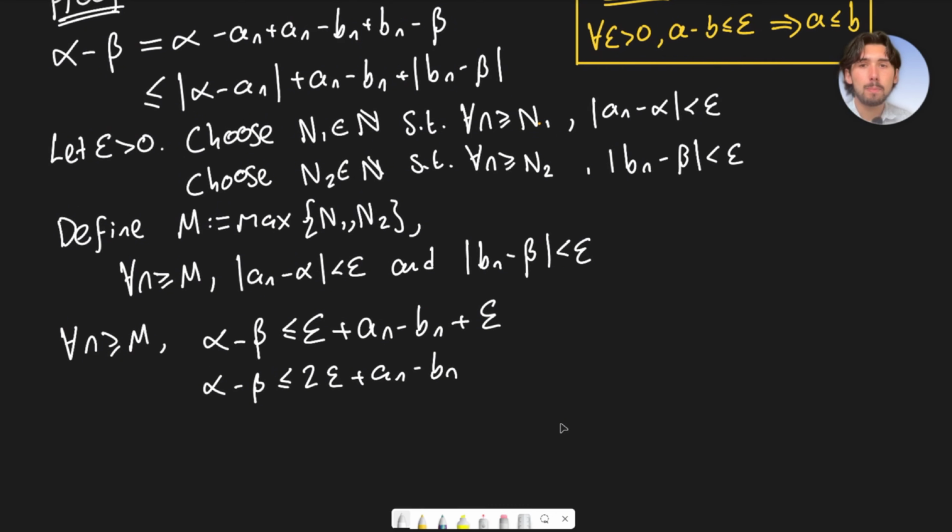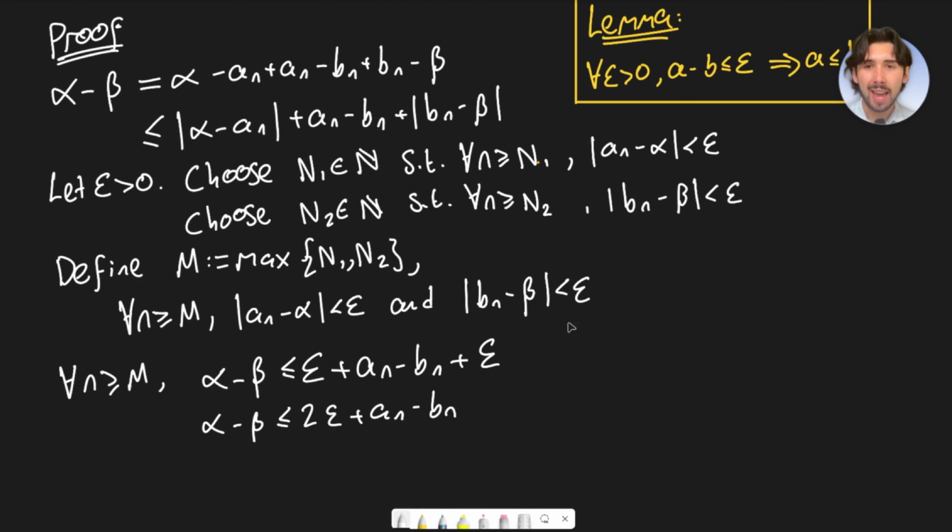And then, because we have said that a_n is less than or equal to b_n, this is less than or equal to just 2 epsilon, because a_n minus b_n is either 0 or a negative number.